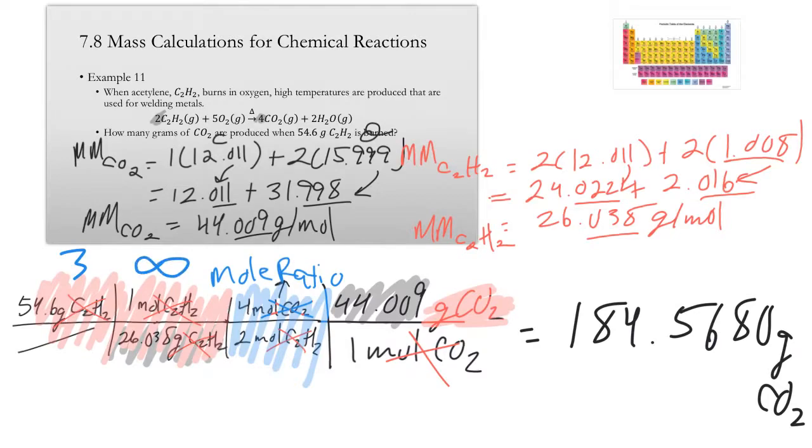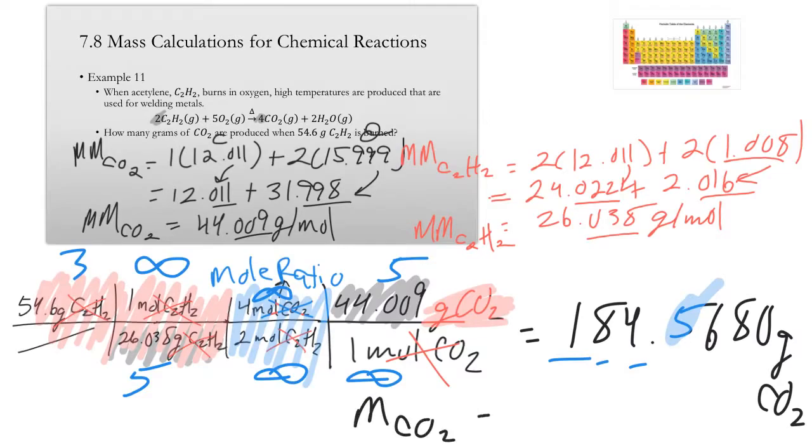There's infinity for the 1. There's 5 down there. Both of these have infinitely many because it's a conversion factor. We've got 5 and we've got infinity there. And our answer therefore needs to be to 3. So 1, 2, 3. And then our fourth digit is a 5, rounding this up. So the mass of CO2 rounds up to 185 grams of CO2.